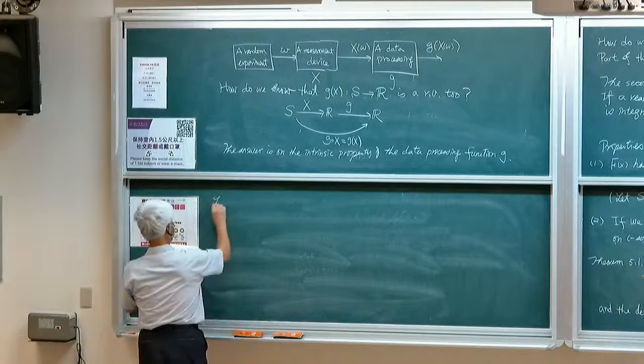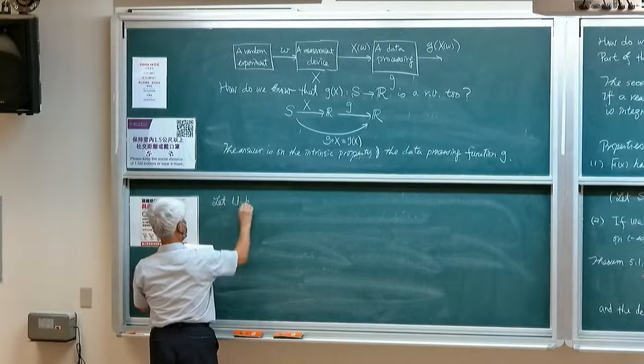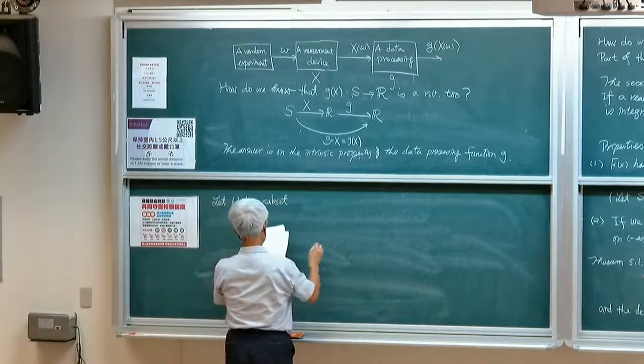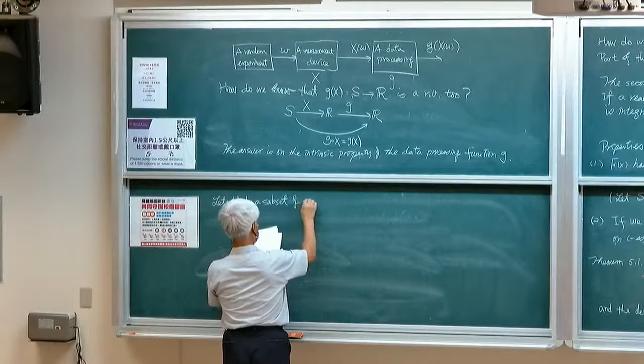Okay. All right. So let U be a subset of the real line.